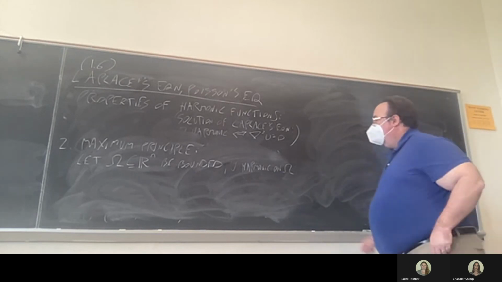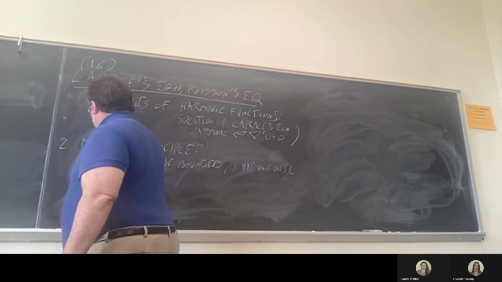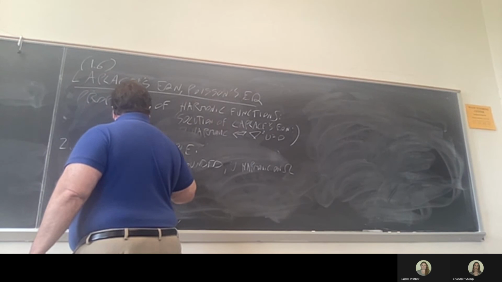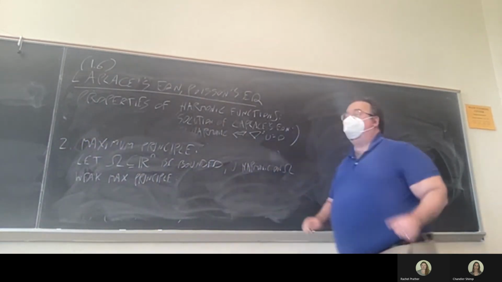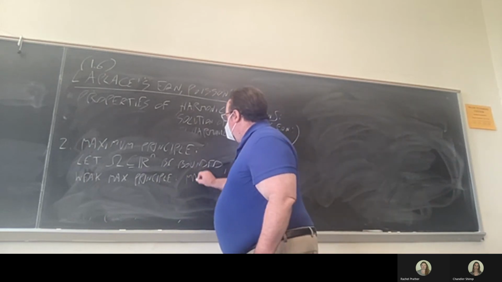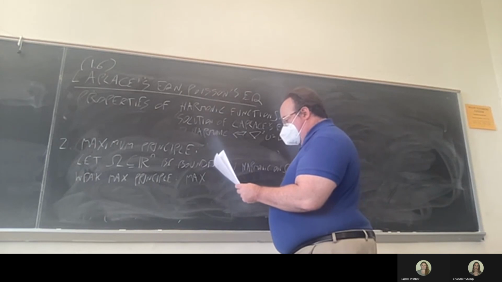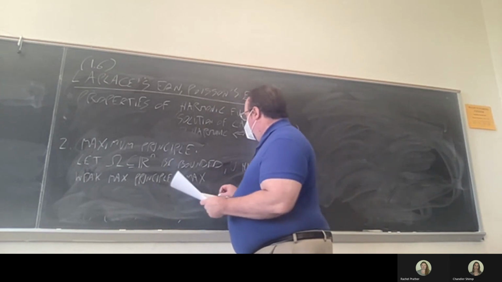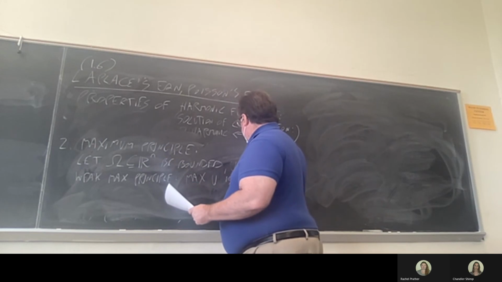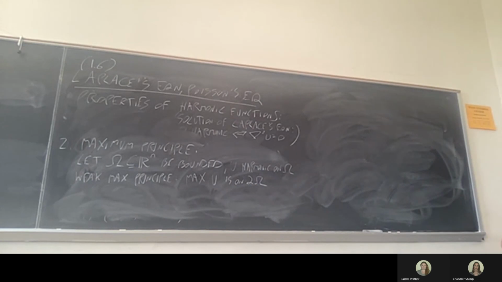Now, what we have is the weak maximum principle: because u is harmonic on omega, the maximum value occurs on the boundary.